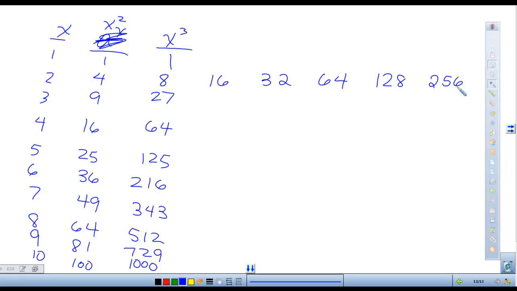All right, with our 3s, we've got 3 cubed. 3 to the 4th is what? And 3 to the 5th is 243, okay? And we could do some more, but certainly with 2 and 3, we want to make sure we're aware of the different powers because we're likely to see a lot of those.